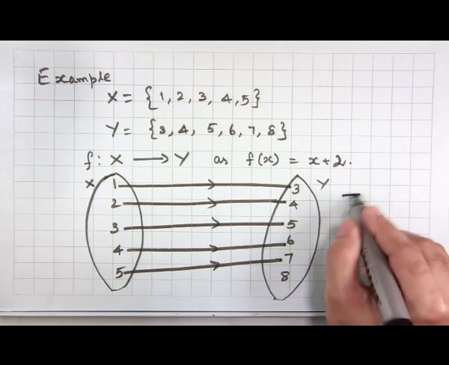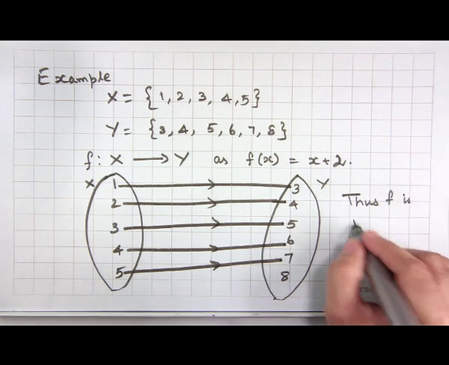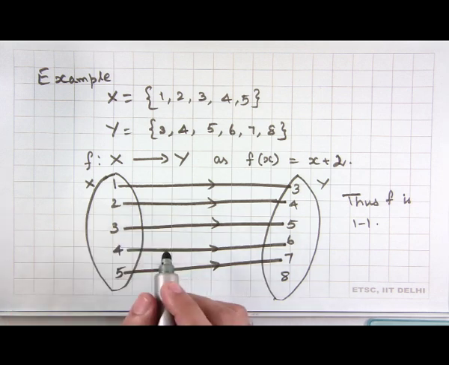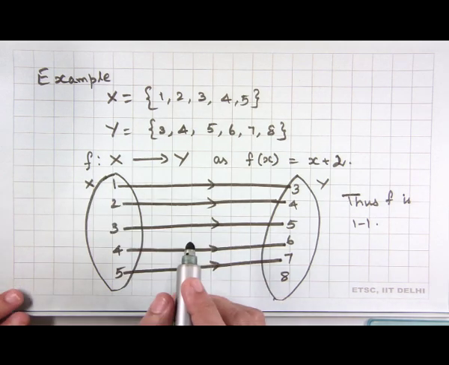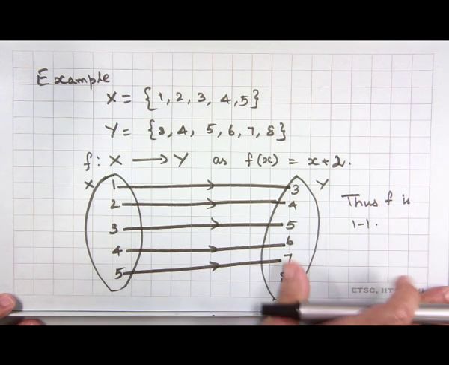So, thus f is 1-1 in this case. In examples of this kind, where the situation is easy to describe pictorially, it is always good that you draw a diagram, because this kind of pictorial representation helps us in understanding whether a function is 1-1 or not.